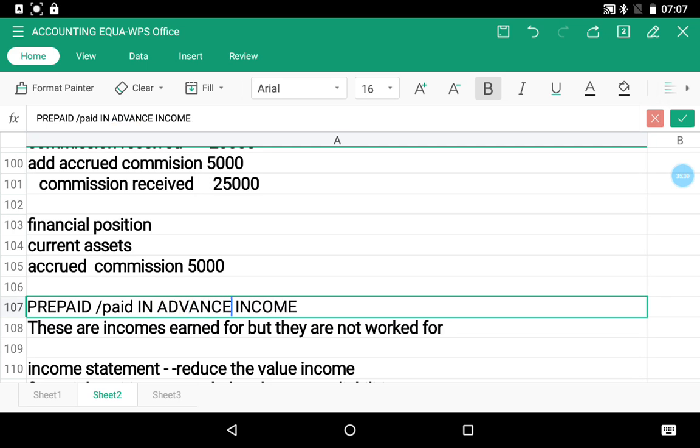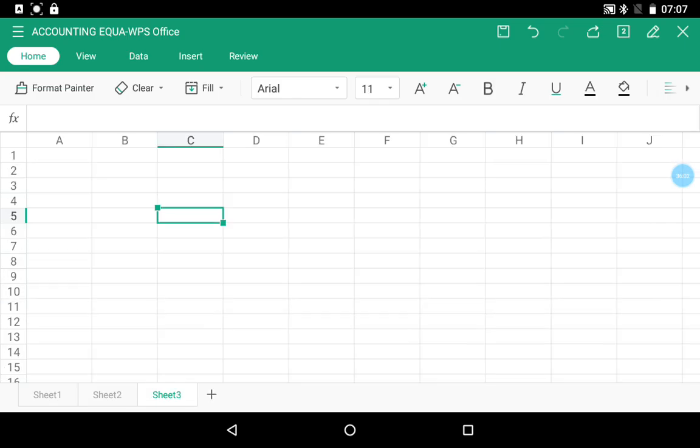So here we are going to make a summary of the end of year adjustments.